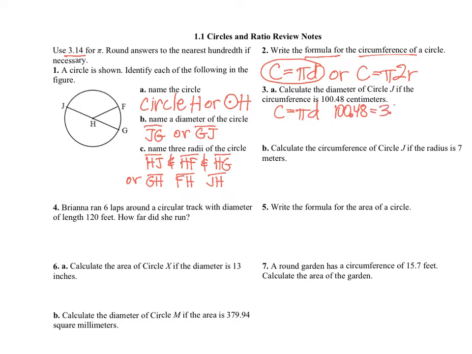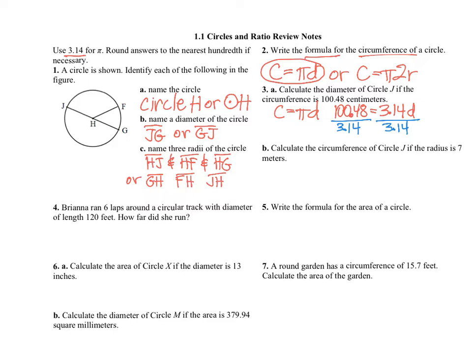So again, we're going to use 3.14 for pi, and we're going to use the letter D because we are solving for the diameter. At this point, we need to do inverse operation and divide both sides by 3.14. 100.48 divided by 3.14.